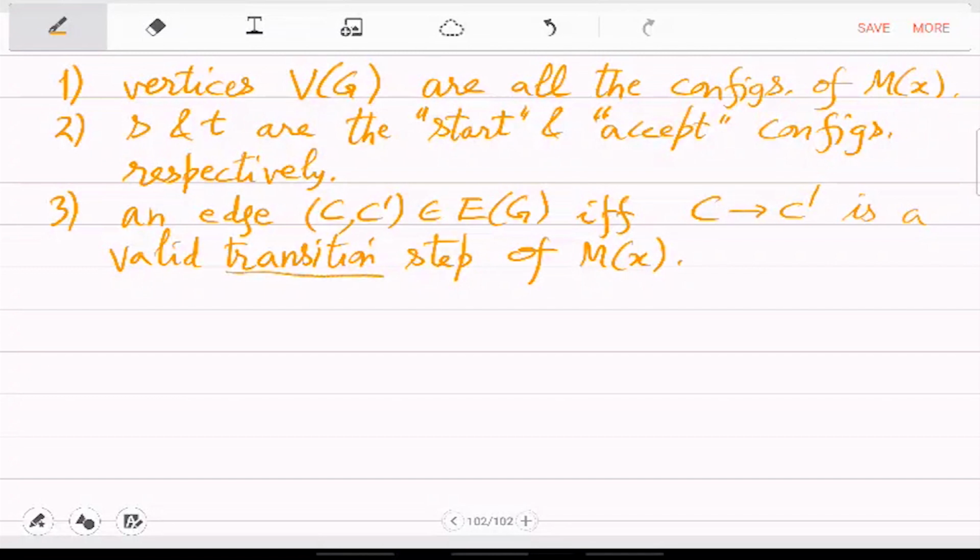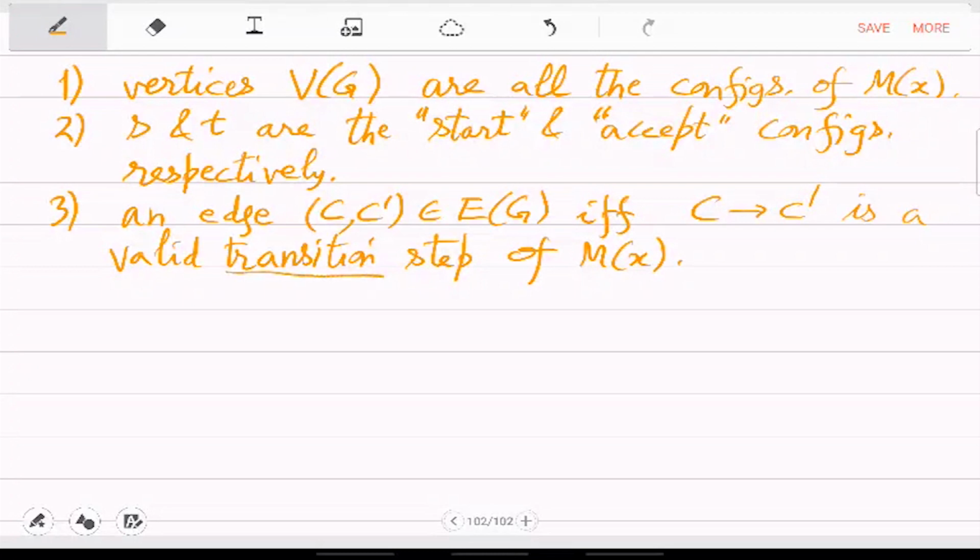It's a single transition, not a path. So there is an edge C to C prime if and only if configuration C to configuration C prime is allowed by the transition function of M on input x. So that's the complete description of this directed graph.